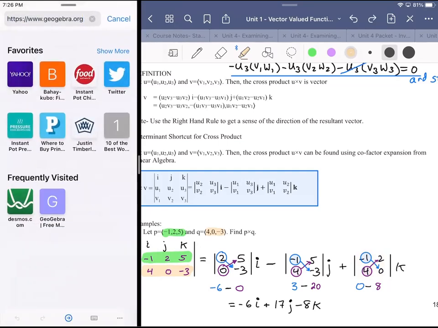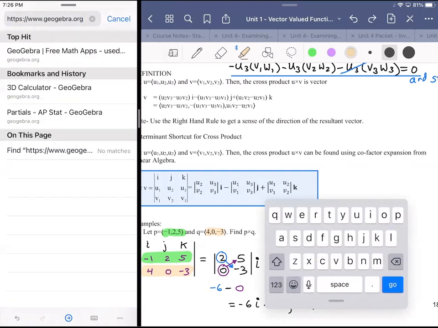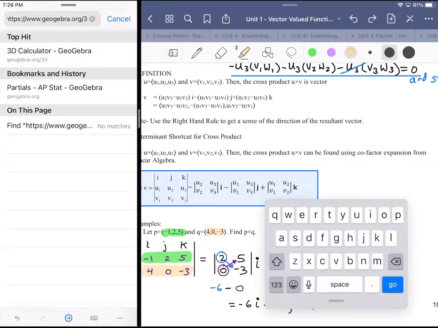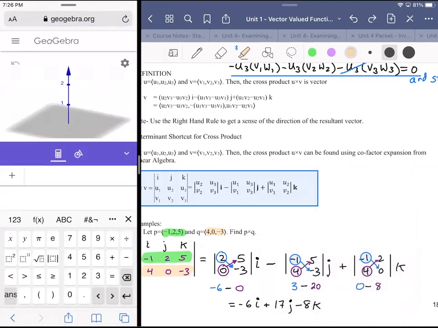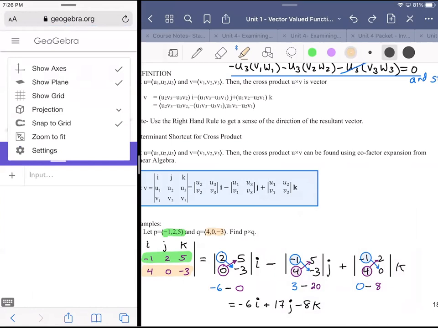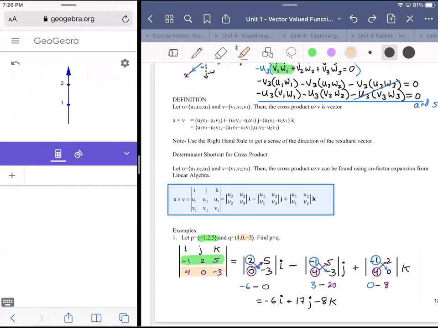So I'm popping in GeoGebra (3D). If you had any time practicing with the tech assignment, you know a little bit more about this than maybe you did a week ago.